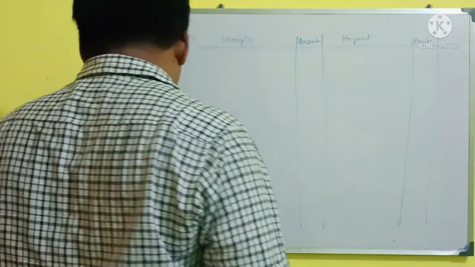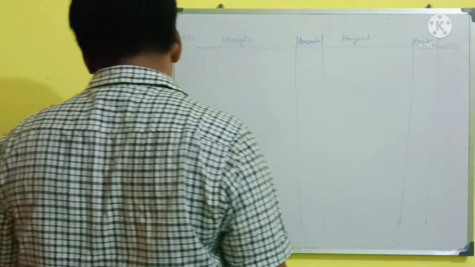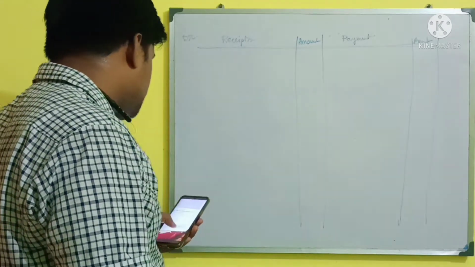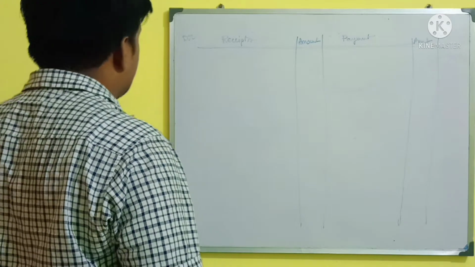Now it is showing that the opening balance of cash is rupees 2000 and the opening balance of bank is rupees 3500. We have to write it down here.